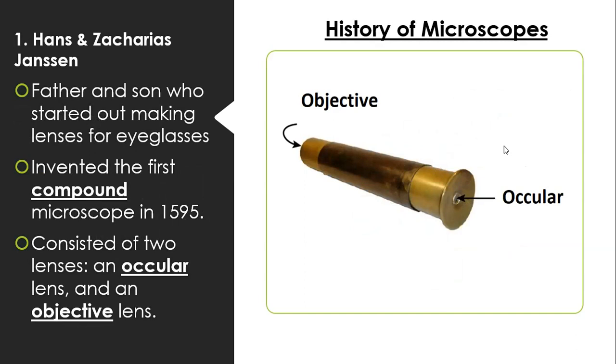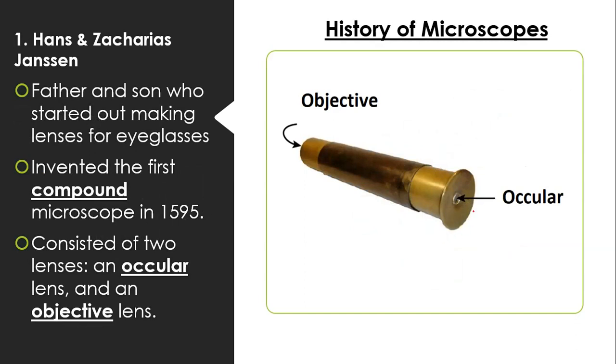So they made lenses for eyeglasses, and they found if you combine these and you look through these fine lenses, you could actually magnify objects quite a bit, and you could see things in quite a bit of detail. Okay, so the compound light microscope has been around for about 500 years.